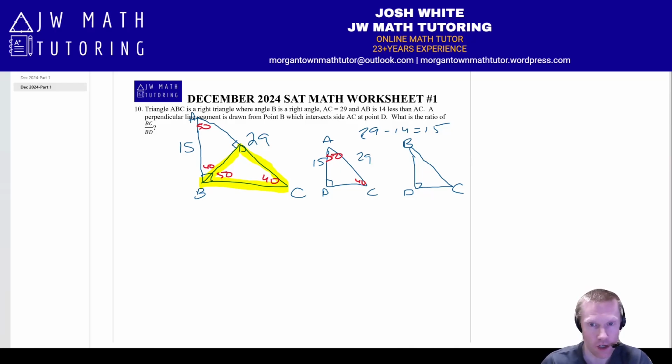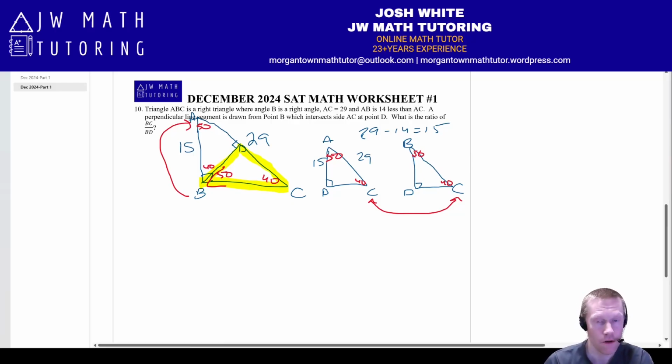And so then notice in the small triangle, the one that I highlighted yellow, BDC, C is 40 degrees. So that has to correspond to the 40-degree angle in the large one. So C has to correspond with C. B is 50 down here, this angle has to correspond to angle A in the large one. That's how I know B goes at the top and C goes at the bottom.